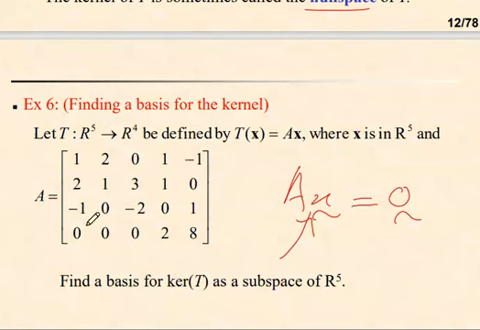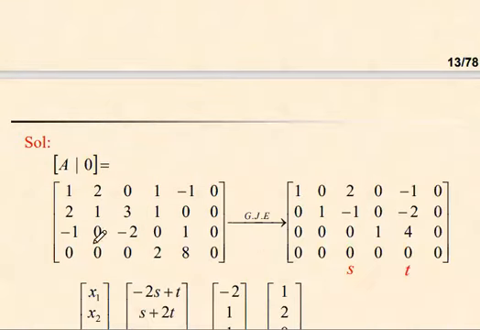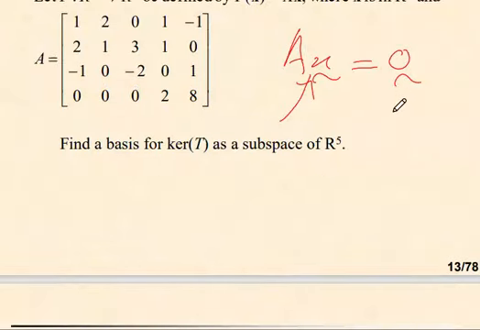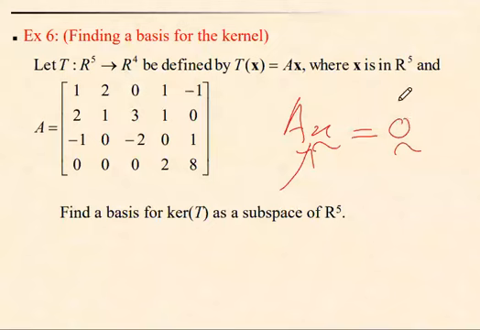Reduce this matrix to echelon form, right? If you want to consider the right hand side, you can, but you don't need to because all are 0. But if you have a non-homogeneous system, say with B, then you have to consider the augmented matrix.